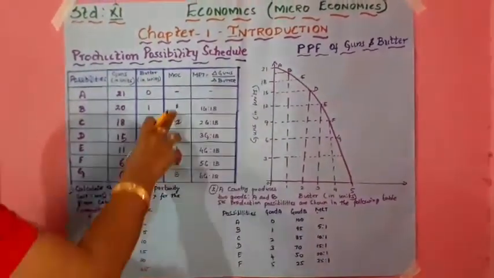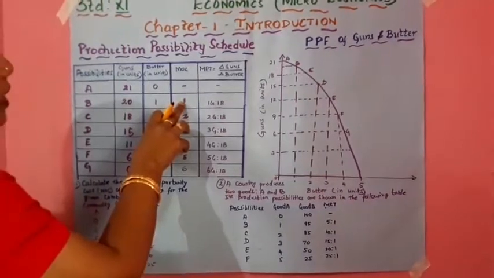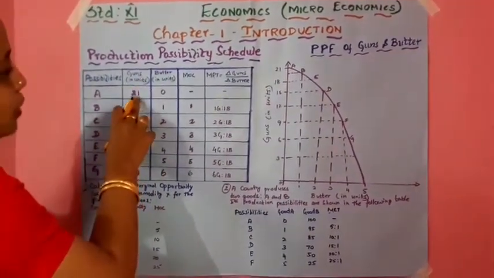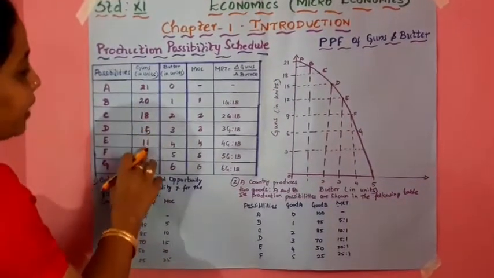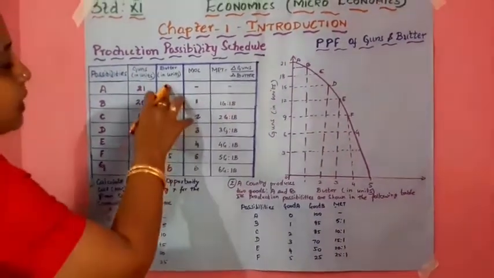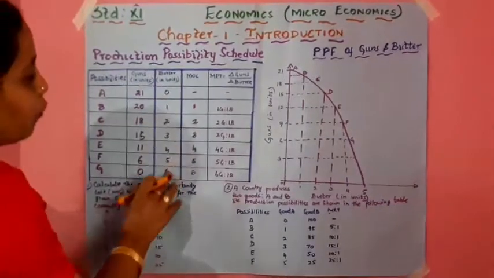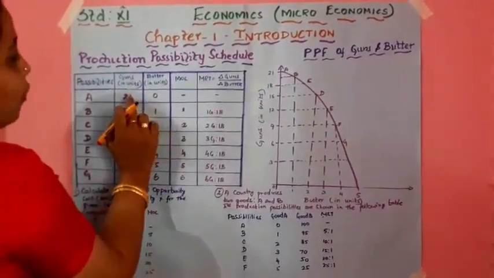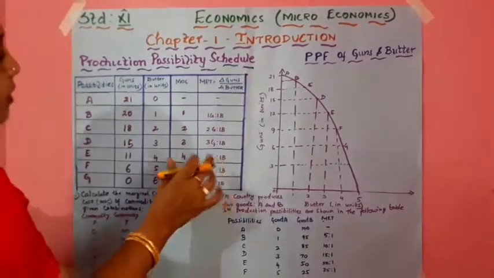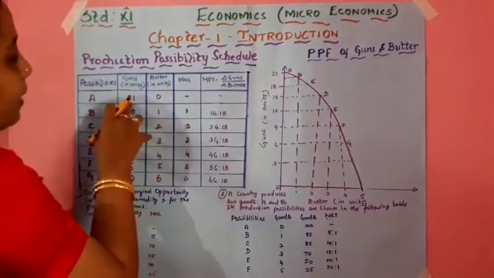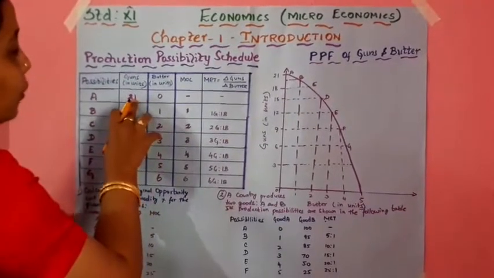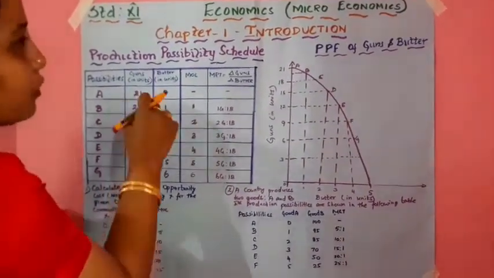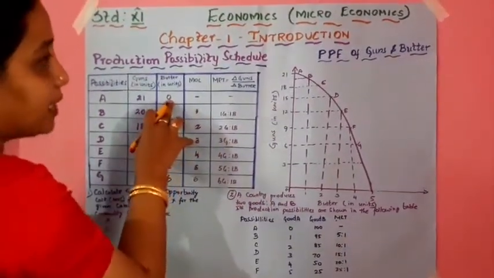See, MOC we are finding out by this. You look at the possibilities: guns in units 21, 20, 18, 15, 11, 6, 0, and the butter in units 0, 1, 2, 3, 4, 5. What is the schedule about actually? See, if you are having some 100 rupees with you, I'm telling you for an example, okay. So these 21 units, if you are buying guns, you will have no money to buy the butter.